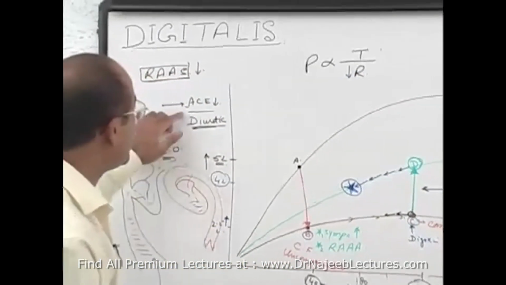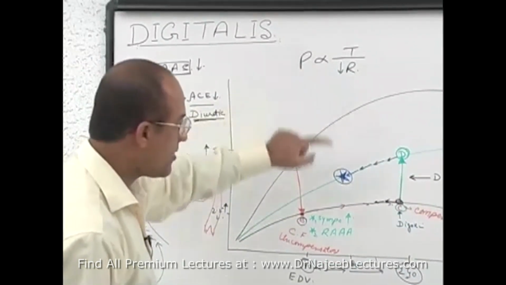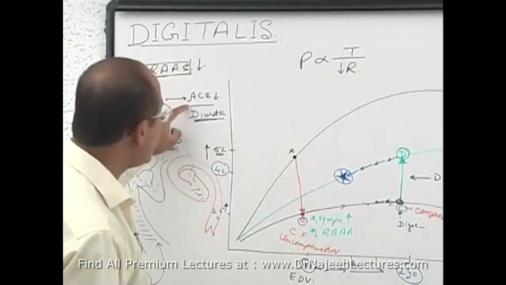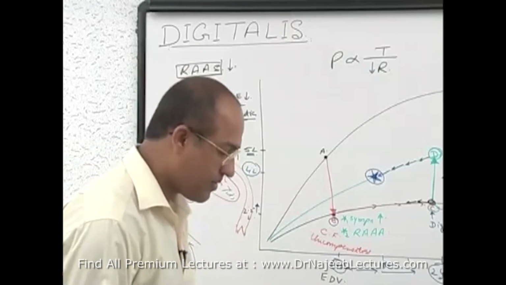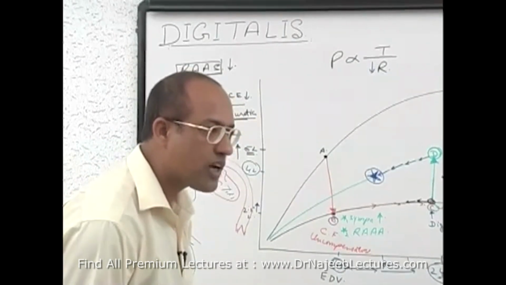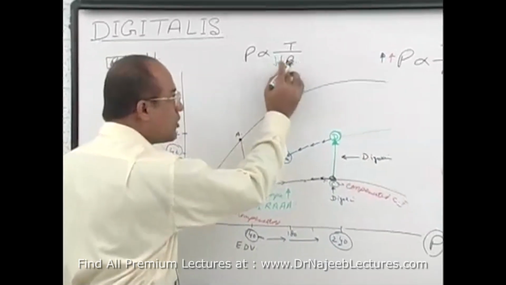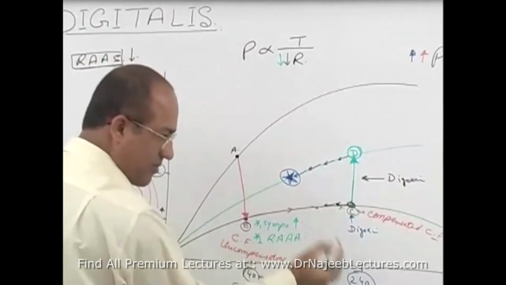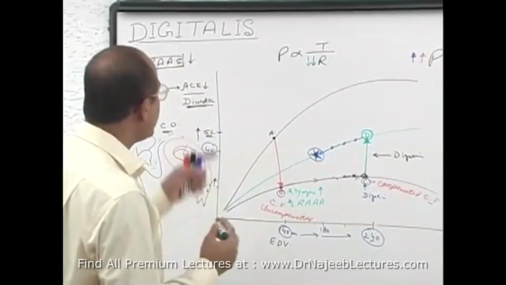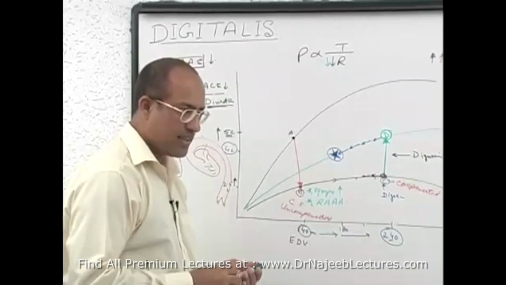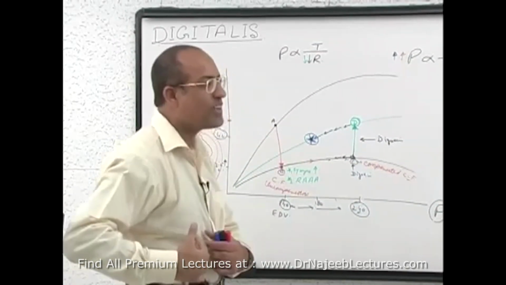Now we look at the effect of the angiotensin converting enzyme inhibitor on Laplace's law and on the graph. Number one, it reduces aldosterone. Again, aldosterone is reduced, so salt and water is reduced, so the radius is further reduced. And both these things will move it backward. Secondly, when angiotensin 2 is reduced, constriction is reduced and veins dilate.